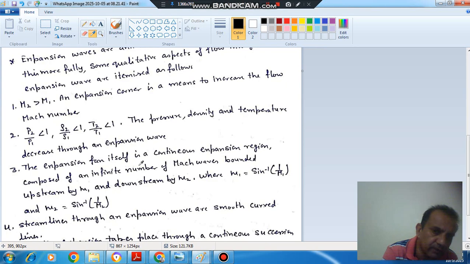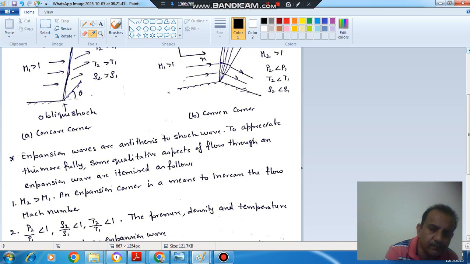Now the next point. The expansion fan itself is a continuous expansion region composed of an infinite number of Mach waves bounded upstream by mu1 and downstream by mu2, where mu1 is sine inverse 1 by M1. This is the Mach wave angle, and mu2 is equal to sine inverse 1 by M2. So this is your expansion fan.